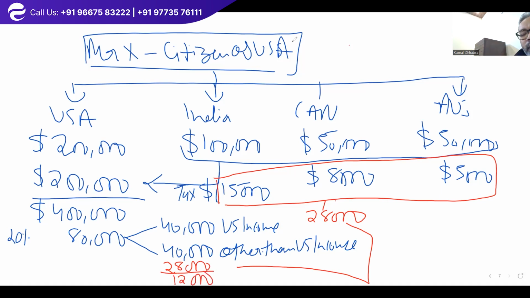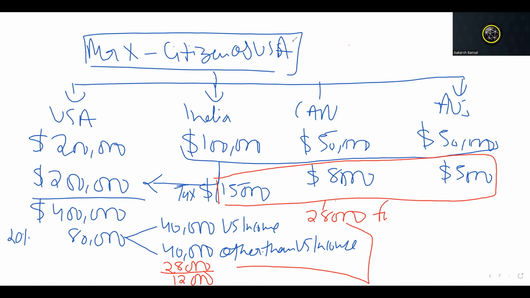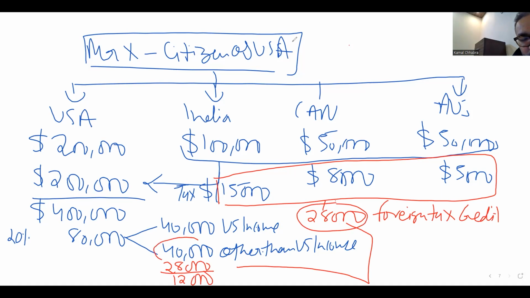So that is what is foreign tax credit. This 28,000 or 40,000, whichever is lower, is being allowed as a tax credit. In this case, this one is lower. For example, if instead of 28,000 it was 48,000, then maximum 40,000 would have been allowed. Make sense?